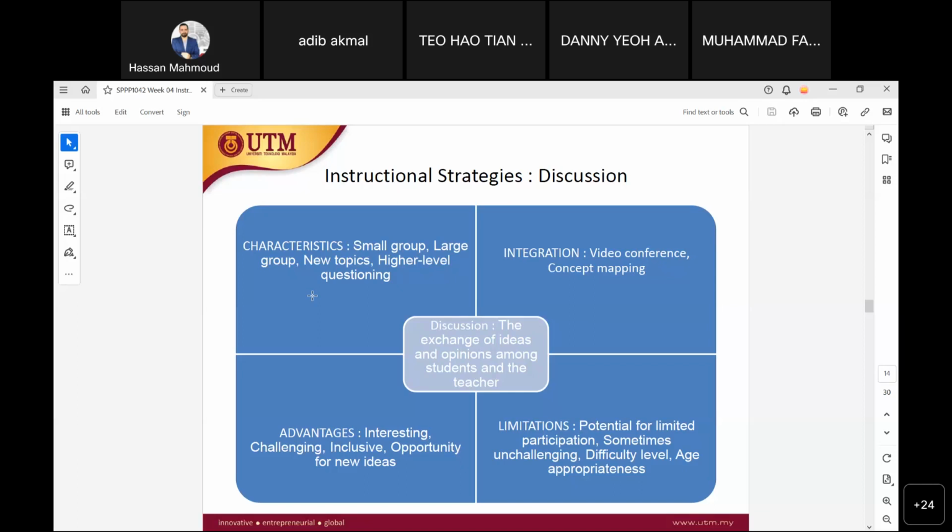But if you have 100 students in your classroom, it's going to be difficult. It's going to be chaos inside your classroom. That's why you need to choose the perfect strategy when you decide what strategy you are going to use inside your classroom. And of course, discussion depends very much on the age of your students, your audience, right?